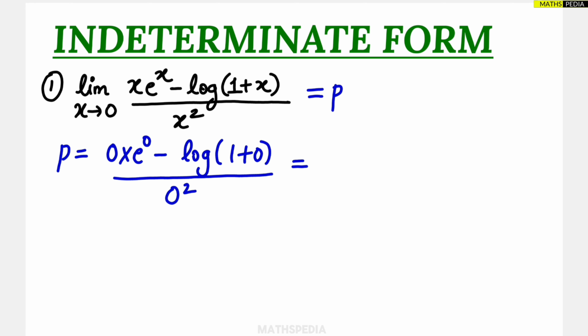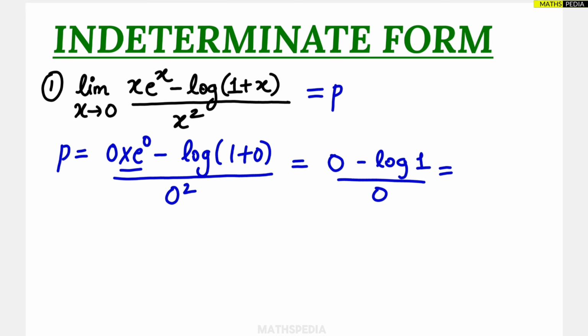Now, if you observe, the numerator is coming as 0. Let me write everything. 0 into e power 0 is 0, minus log of 1 plus 0, which is log 1, and 0 square is 0.